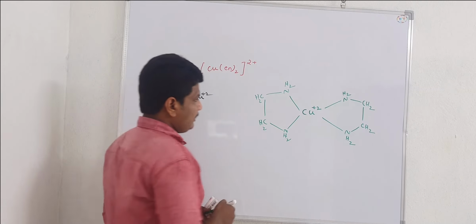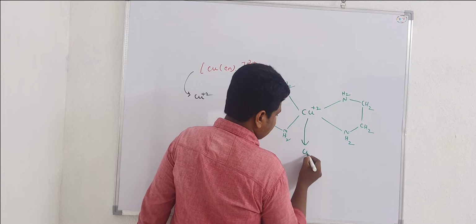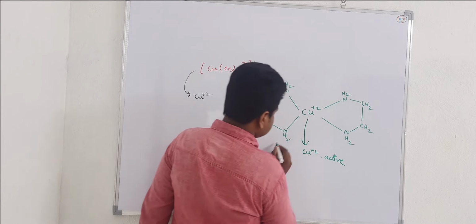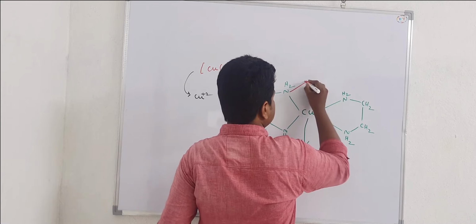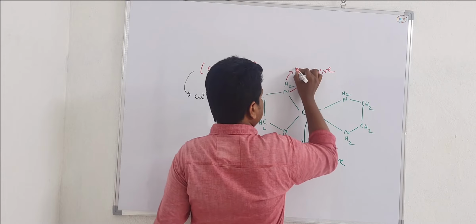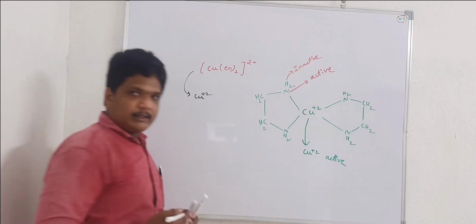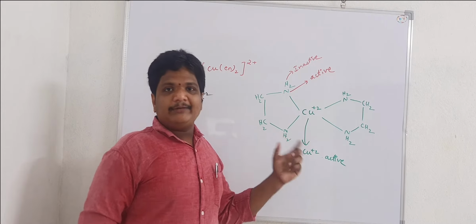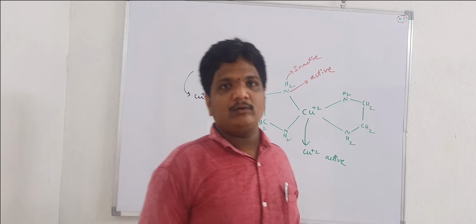One is copper, so this copper plus 2 is active, and this nitrogen is also active. These hydrogens are inactive. According to Drago's rule, in this complex copper is active and nitrogen is active, and if nitrogen is active, hydrogens are inactive.